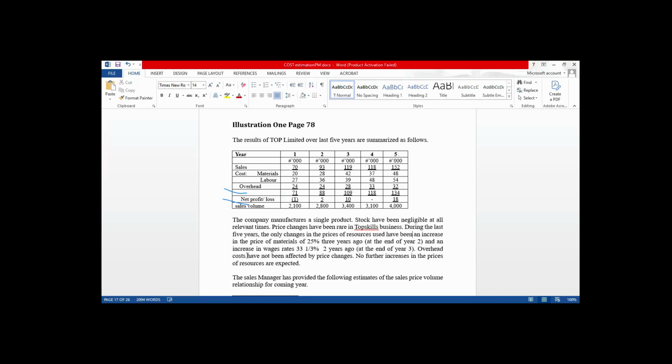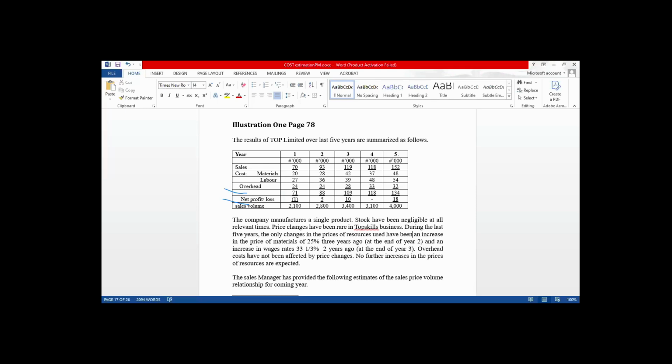The last time the material price increased was 3 years ago. Look at the interpretation. The last time material price increased, the increment stopped 3 years ago, that is at the end of year 2.